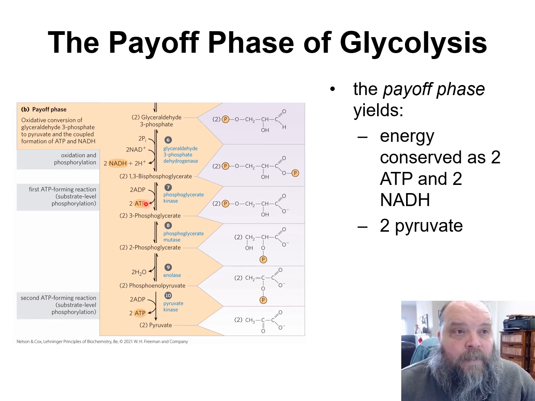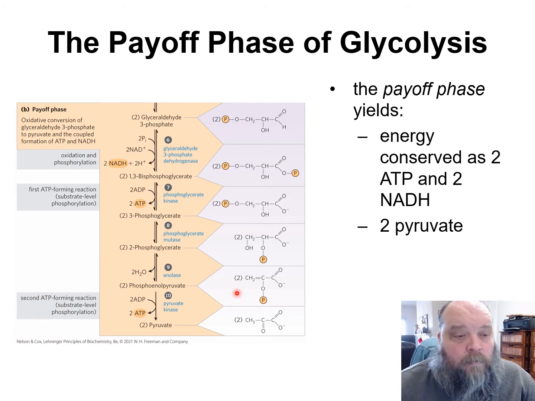This isn't high yield, lots and lots of ATP will be made like we're going to see in oxidative phosphorylation with the enzyme. It's still an enzyme, so it's still going to be fast, but it's just not as efficient.